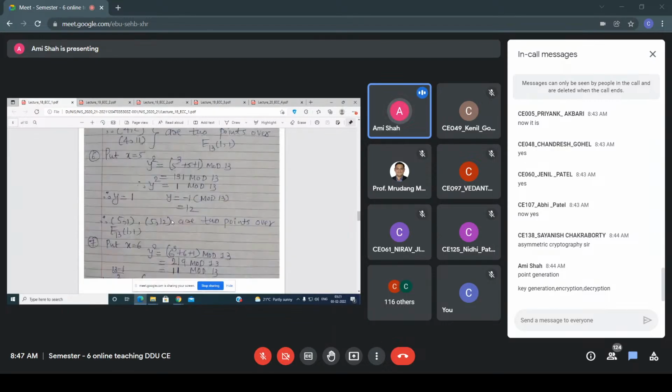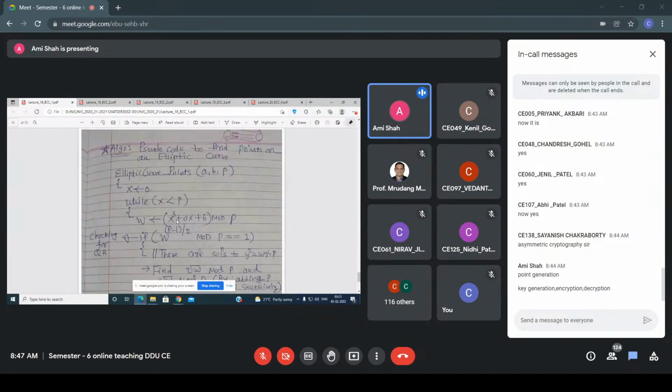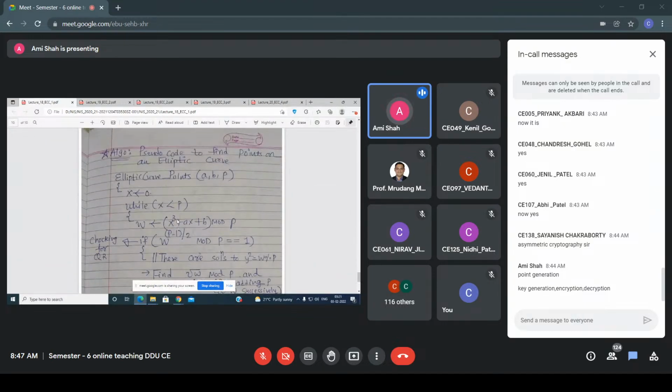So listen, in your lab session, this is how to perform the point generation. First of all, the three things entered by the user are the values of A, B, and P. Once the user enters these values, you have to use this curve equation, and check for x up to less than P. Whatever value you get, you have to check whether it's a quadratic residue or not.